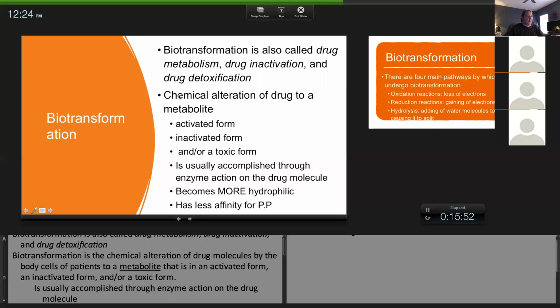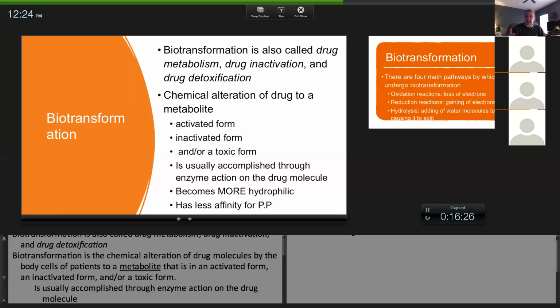Now, when you have the chemical alteration, you're going to change it into what's called a metabolite. And this is what I just talked about: some metabolites can be active. Again, ketamine in the cat, 90% of the metabolites are active. It's not been altered or rendered inactive. The majority are going to be inactivated. So it goes to the liver, it's transformed and changed, and then when it leaves the liver to be excreted, maybe sent to the kidney or in the blood, it's been broken down.